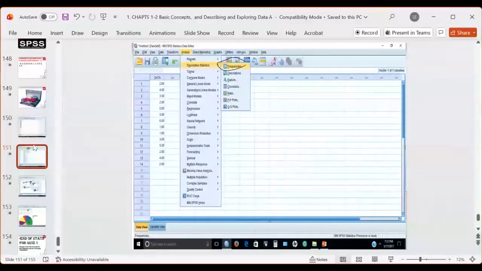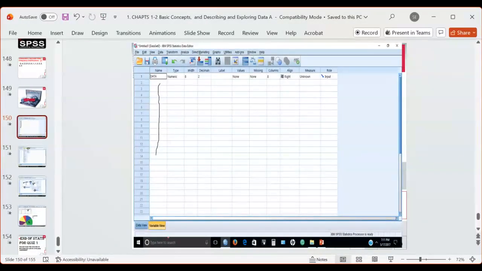Now, same thing. Again, keep in mind, I'll back up a little. You start with variable view, right? You type in your variable, whatever you name it, data in this case, or X or score.